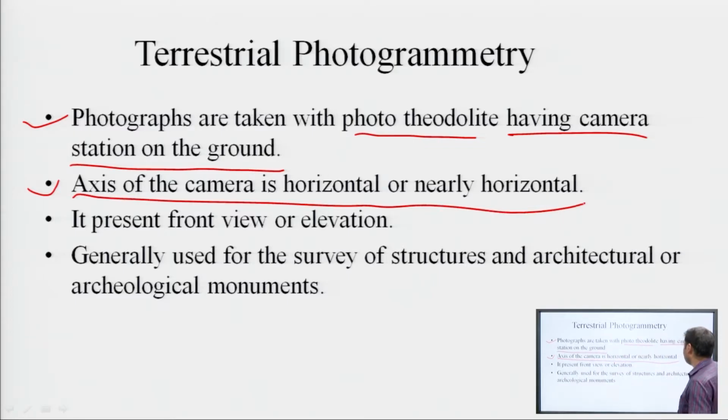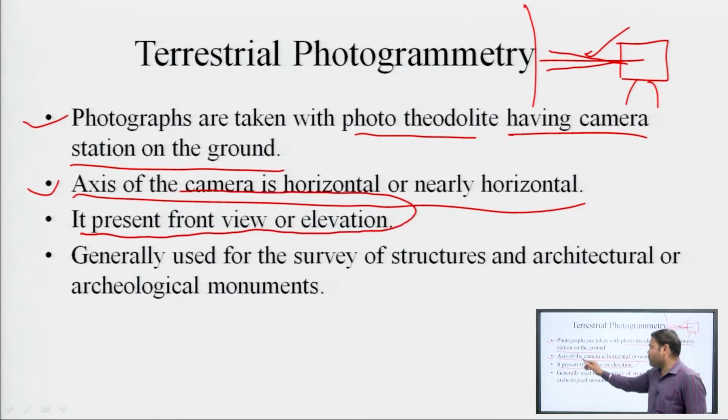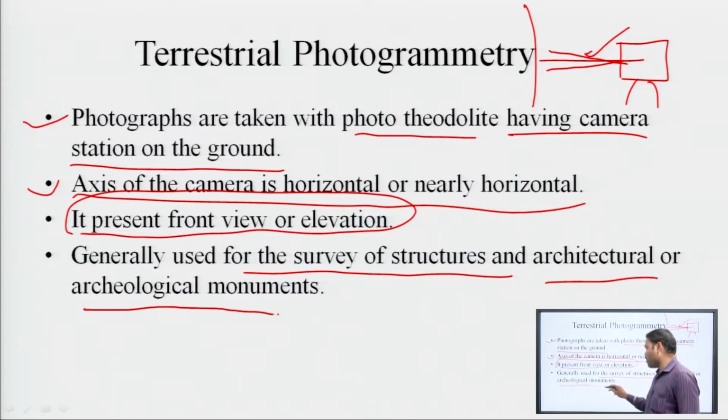It means that if we are taking a photograph, its axis should be horizontal, not in a vertical position, or nearly horizontal. In this type of photogrammetry, it basically presents the front view, also known as elevation, and it is generally used for the survey of structures, architectural or archaeological monuments.